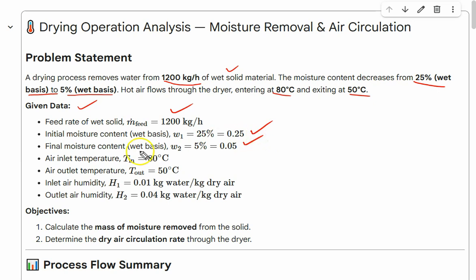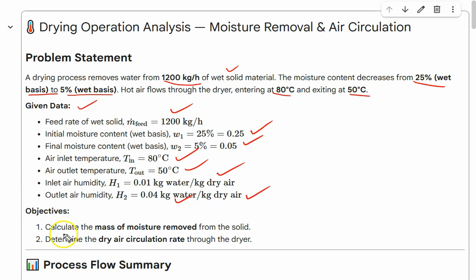Air inlet temperature T in is 80 degrees centigrade, and air outlet temperature T out is 50 degrees centigrade. Inlet air humidity H1 is 0.01 kg of water per kg of dry air, and outlet air humidity H2 is 0.04 kg water per kg dry air.